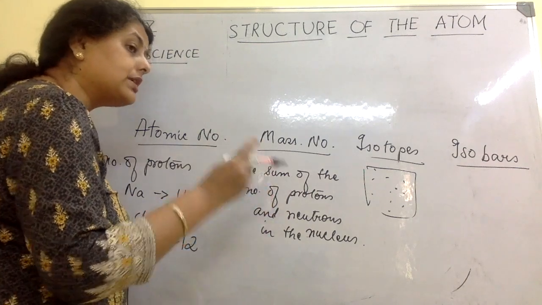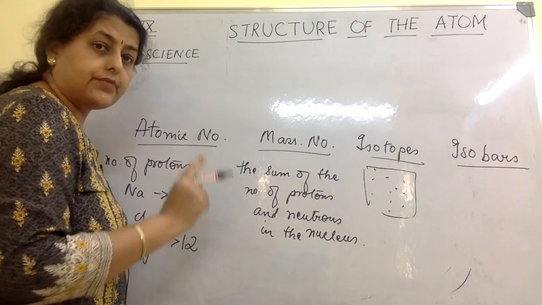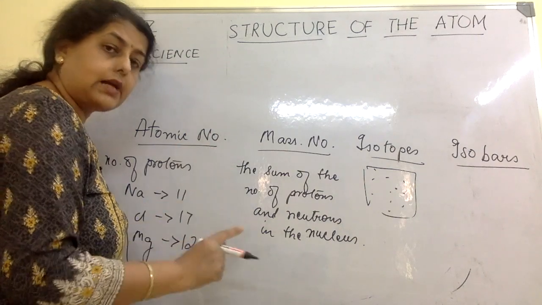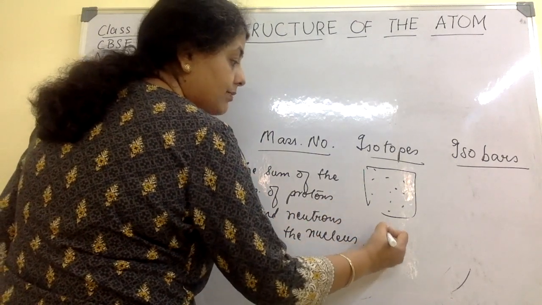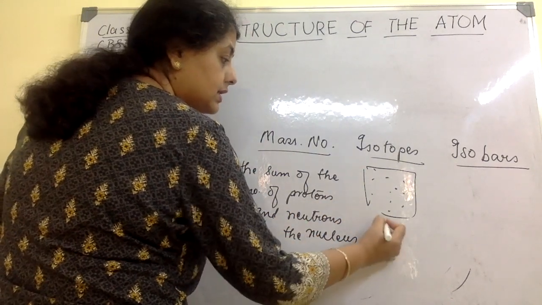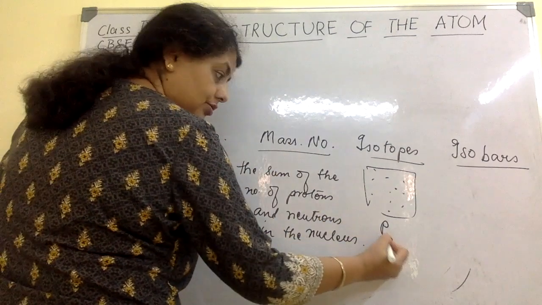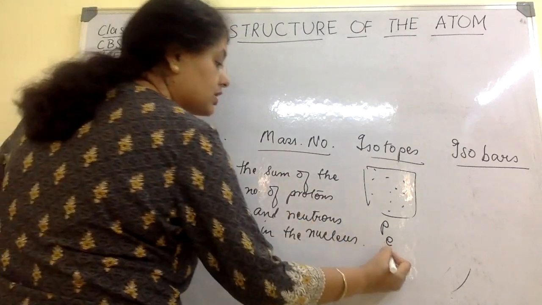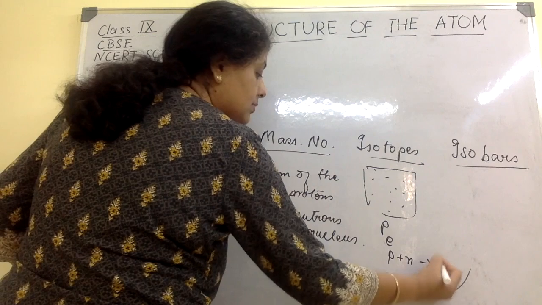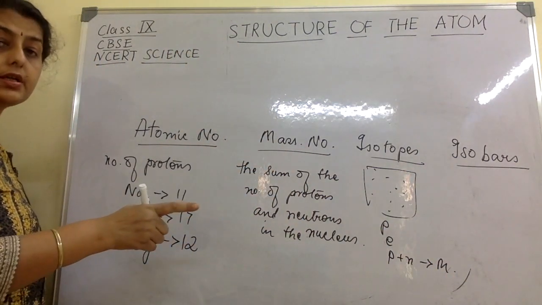If they don't have the same mass number but they have the same atomic number, in that case atomic number is same means number of protons is same. Okay, and electrons is also same. What is differing? Why is the mass number differing? Because protons plus neutrons is mass number. So that means the neutron must be differing.